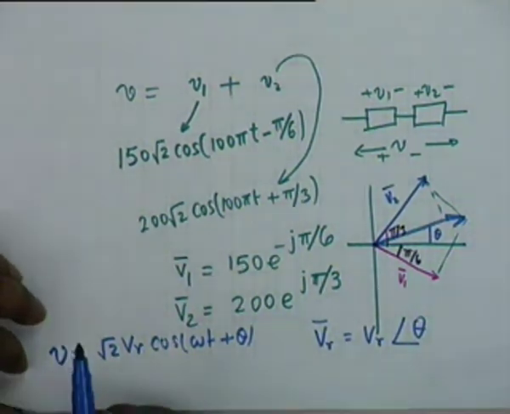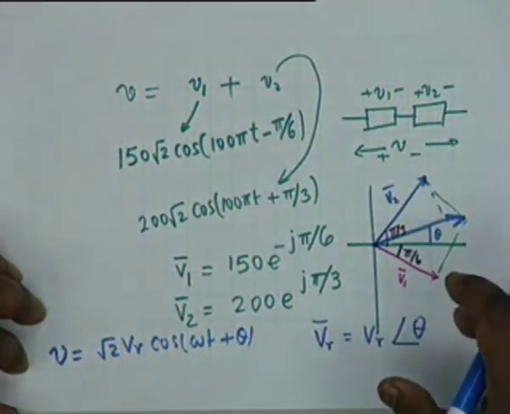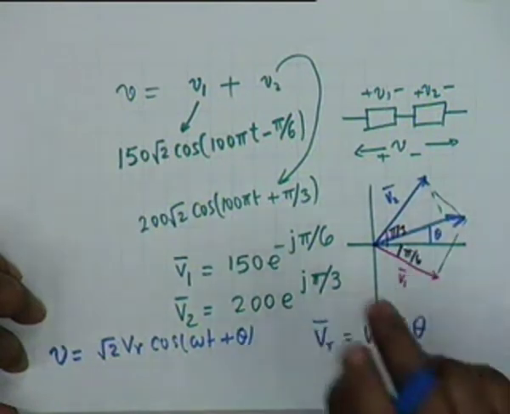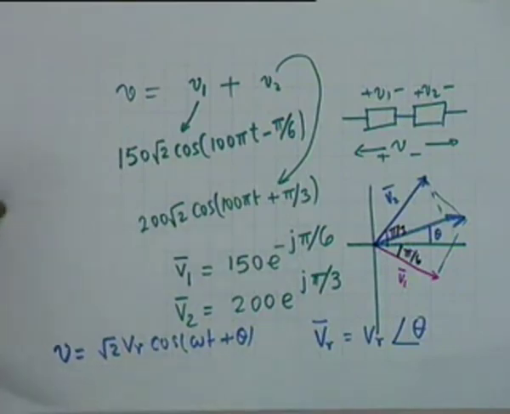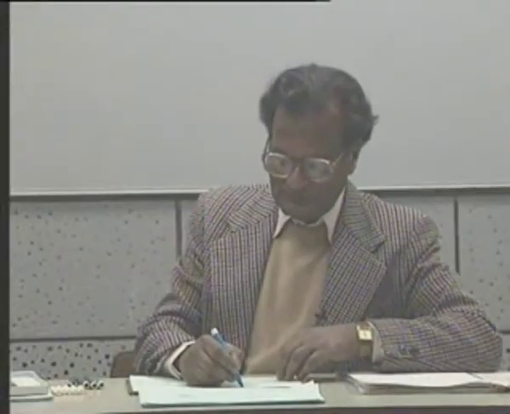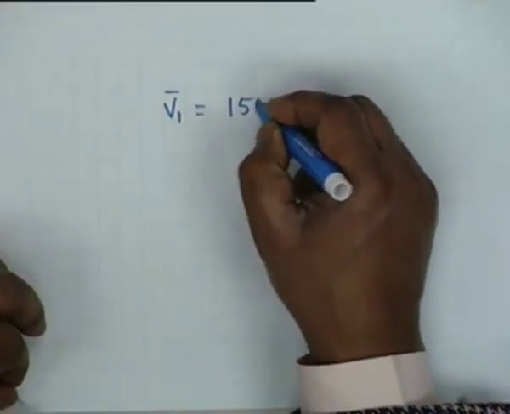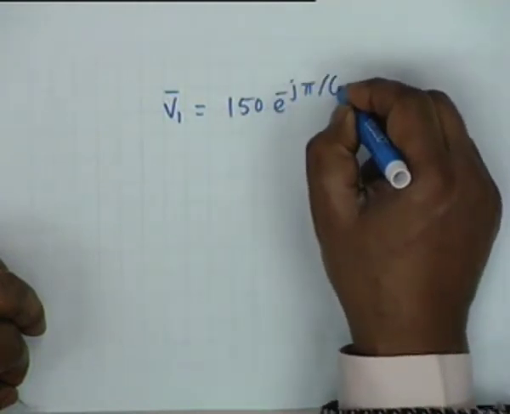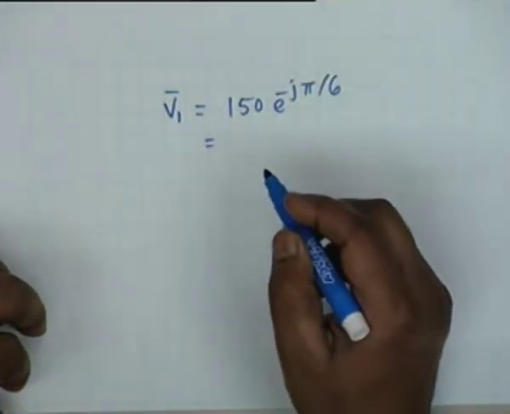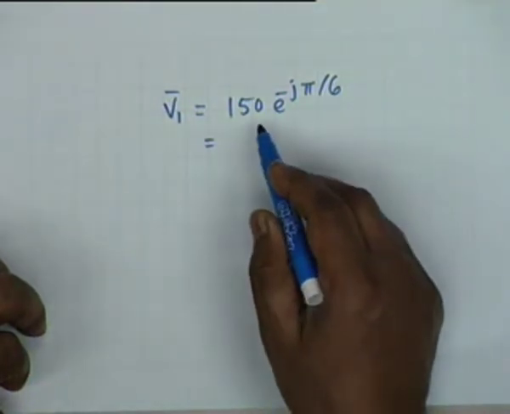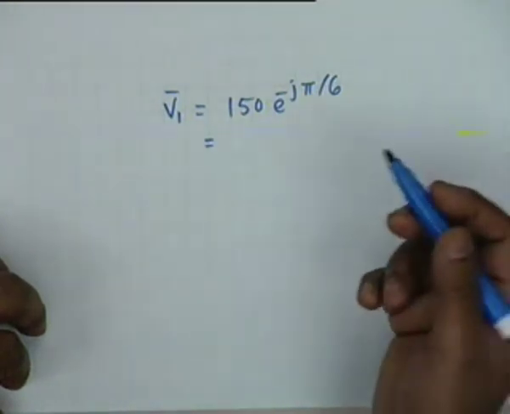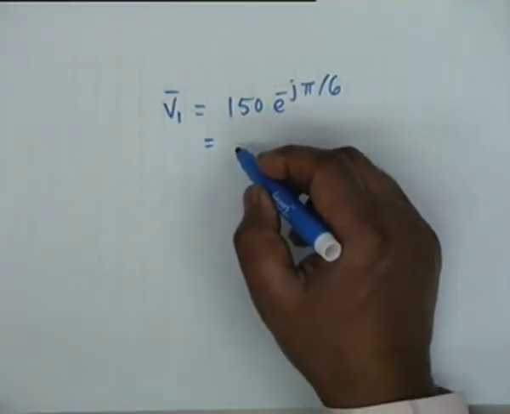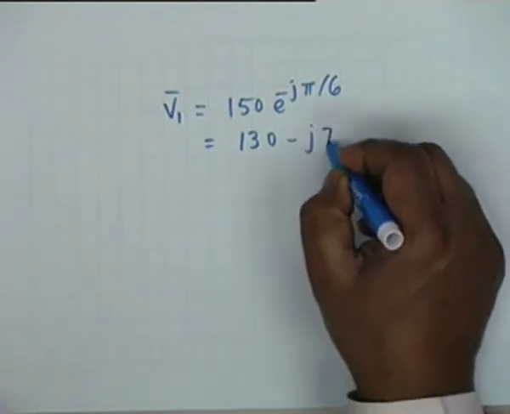Question is, how accurate is the graphical measurement? You represent it on a graph and you measure it. How accurate is it? Well, you don't have to worry, because you could do it analytically also. Let's look at that. The phasor V1 is 150 e to the minus j pi by 6. I can write this in terms of its rectangular coordinates, that is 150 cosine pi by 6 minus j 150 sine pi by 6, and the result is 130 minus j75.